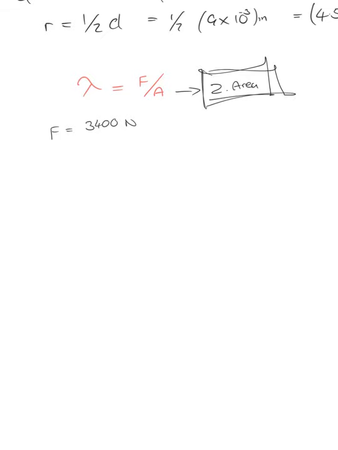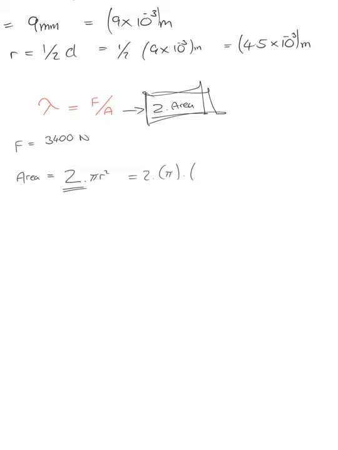So instead of being pi r squared, it's going to be 2 pi r squared for this because of that clevis. Just remember that. So it's going to be equal to 2 times pi times r, and we said r is 4.5 by 10 to the power minus 3 meters, from just up there.